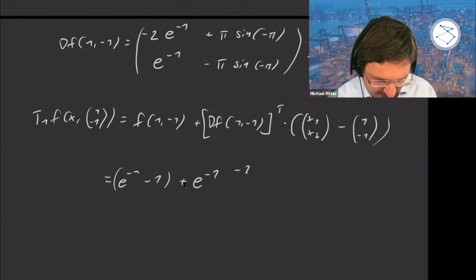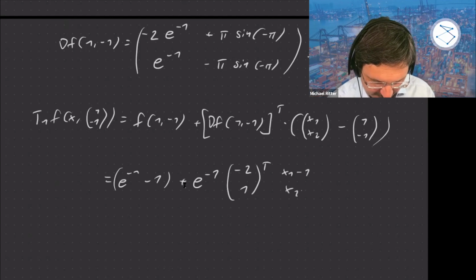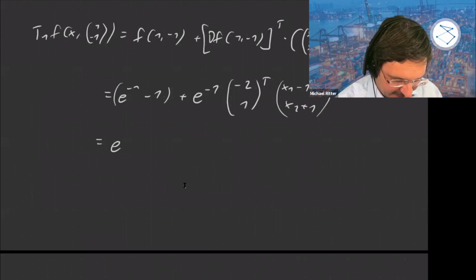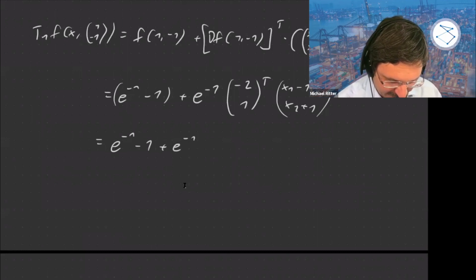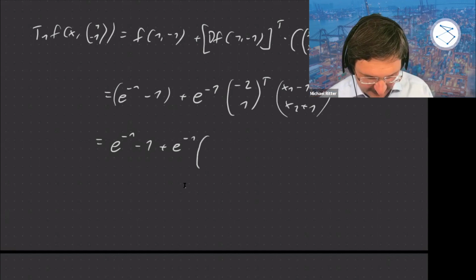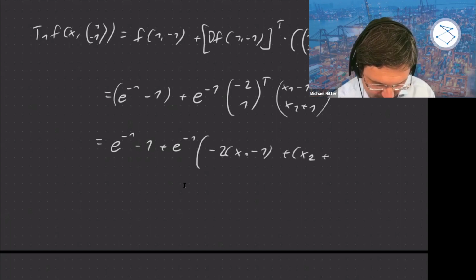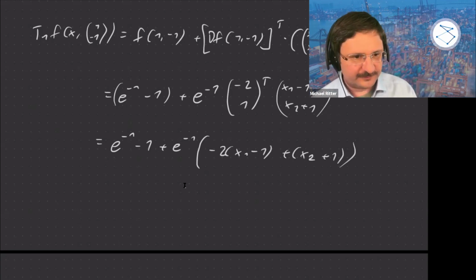And then we have minus 2 and 1 transposed, and here we have x1 minus 1 and x2 plus 1. So what we get is e to the minus 1 plus e to the minus 1. And then we have minus 2 times x1 minus 1 plus x2 plus 1.